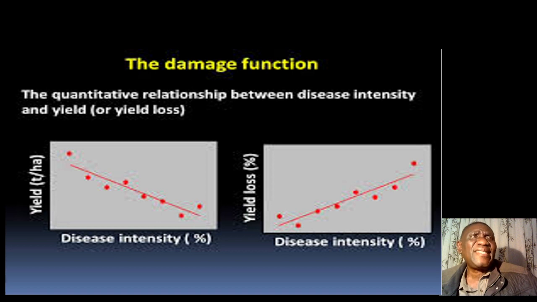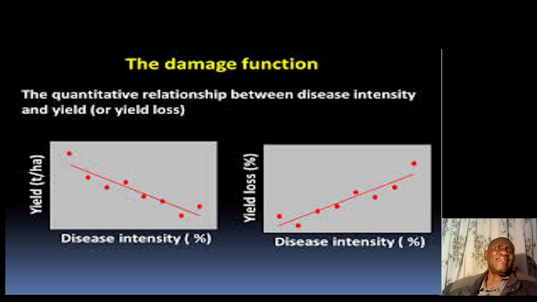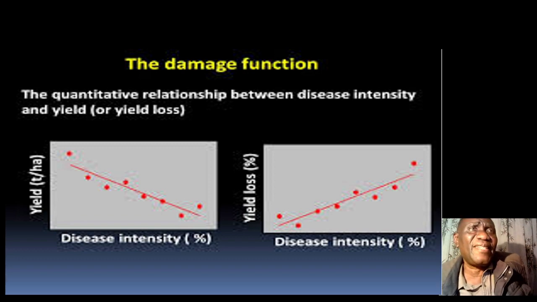Now, in most cases, if you relate disease intensity to crop yield directly, you get a straight line pointing to the loss in yield. If you now plot the yield loss, you get an increase in yield loss as you increase disease intensity. This is actually expected.